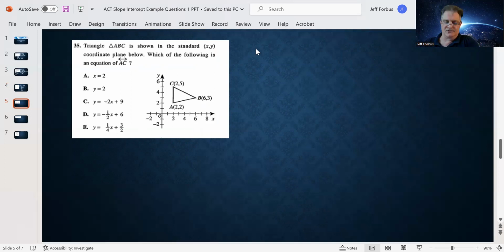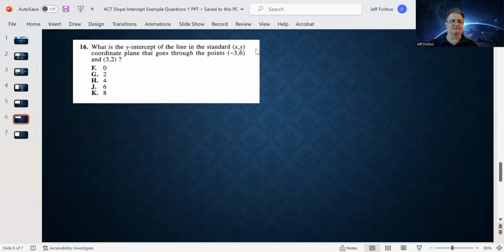Which of the following is the equation of line AC? Well, AC is a vertical line at x equals 2. So it has to be A. That's real easy to see. All right, let's go to the next one.